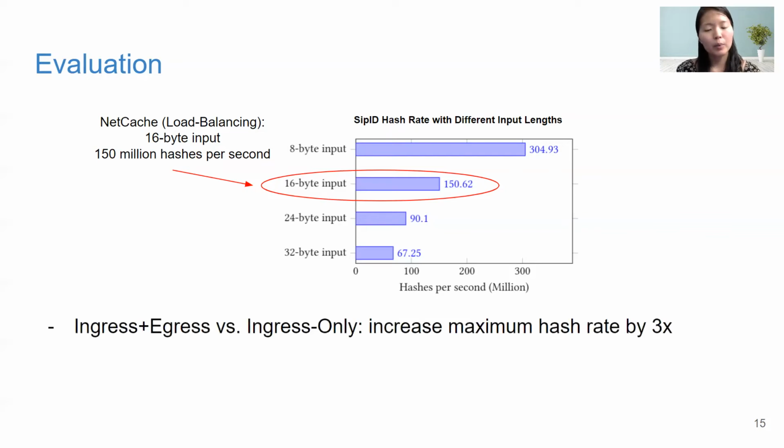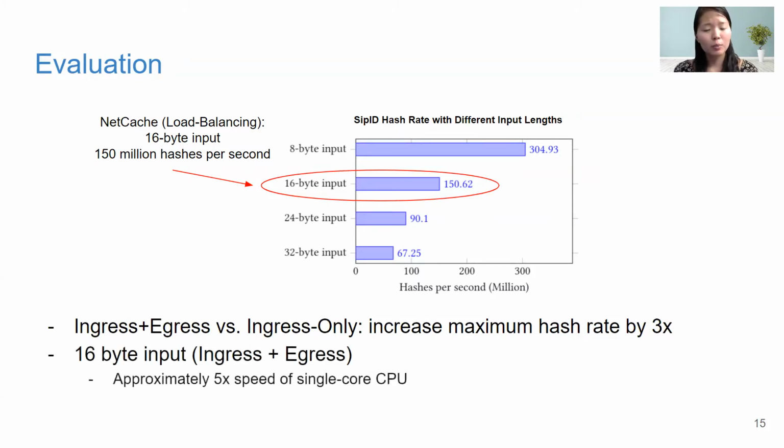We also saw in our evaluation that our ingress plus egress design performed for a maximum hash rate over 3 times faster than our ingress only design. And for a 16-byte input on ingress plus egress, we saw an approximately 5 times speed up over a single core CPU.